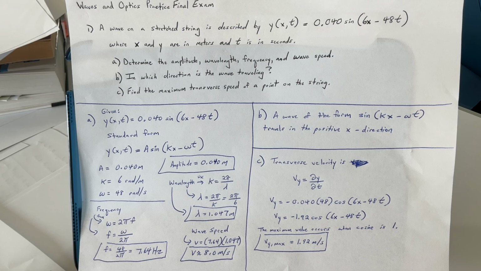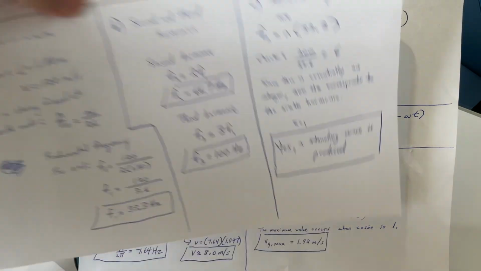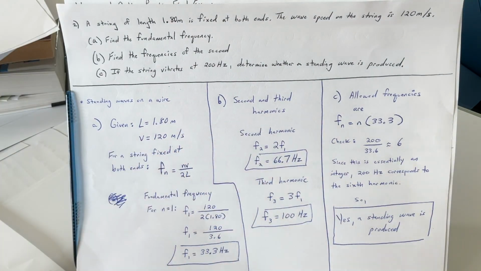That's the transverse velocity. Let's move along to the second one. We have a string of length 1.8 meters fixed at both ends. The wave speed on the string is 120 meters per second. Find the fundamental frequency.